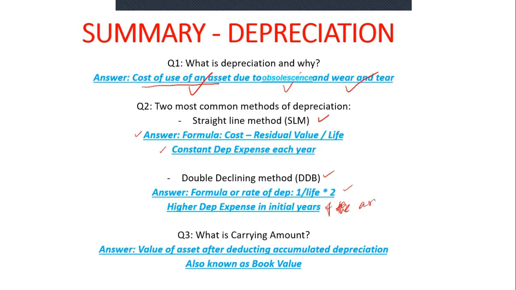What is carrying amount? It's just a simple formula. It is the value of the asset after deducting accumulated depreciation. In other words, the book value. It's also commonly known as book value. So book value minus the accumulated depreciation expense.